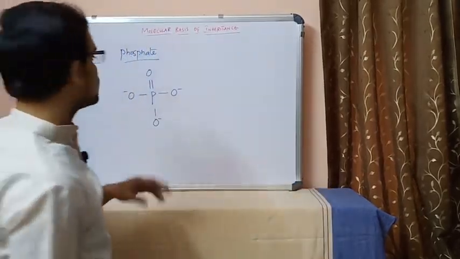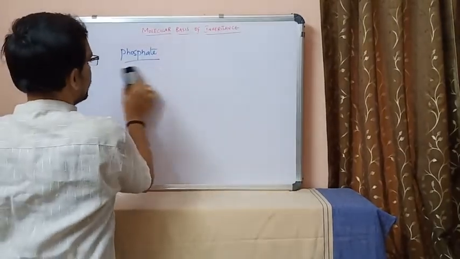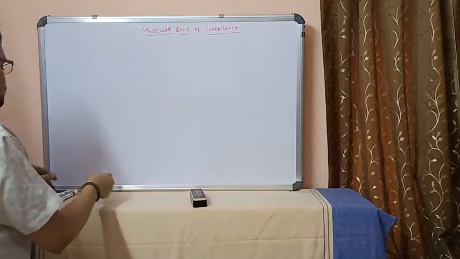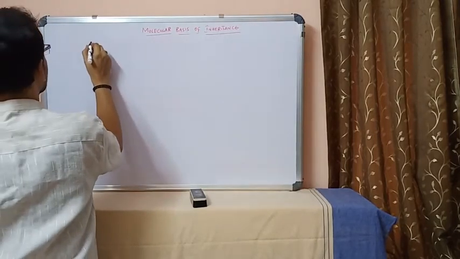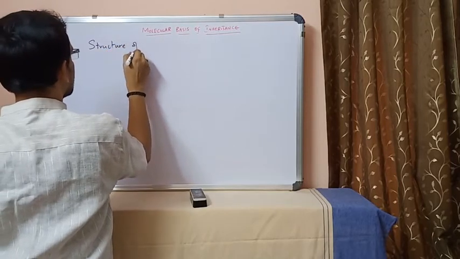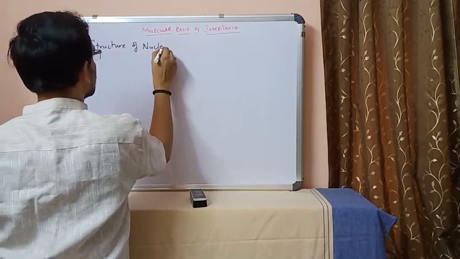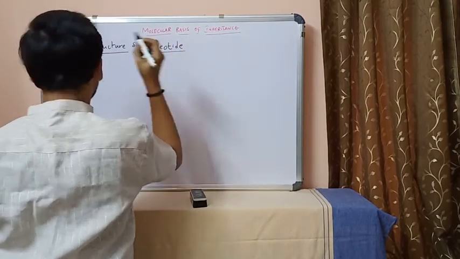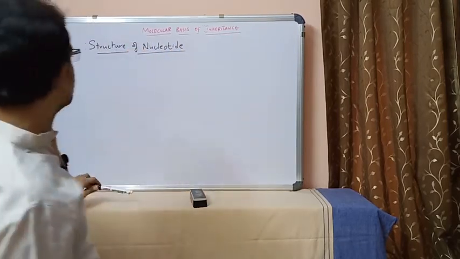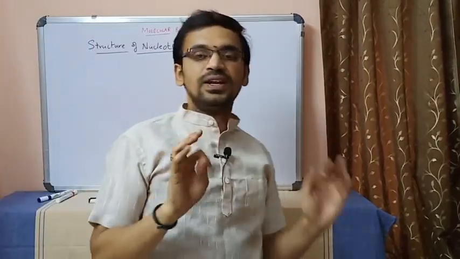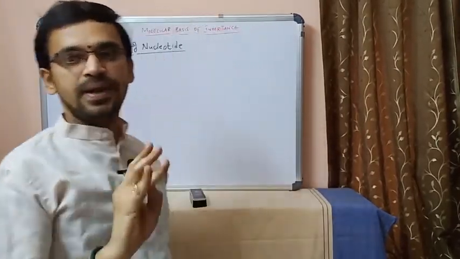Now coming to the structure of nucleotide. So we know that the nucleotide is mainly composed of three components: sugar, base and phosphate.